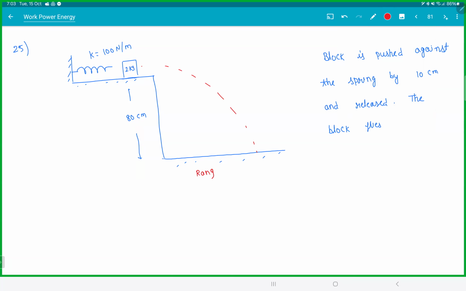Find the range. Initially the block and the spring are not attached. Then you pushed this block against the spring by 10 centimeters and then you left it. Find the range.